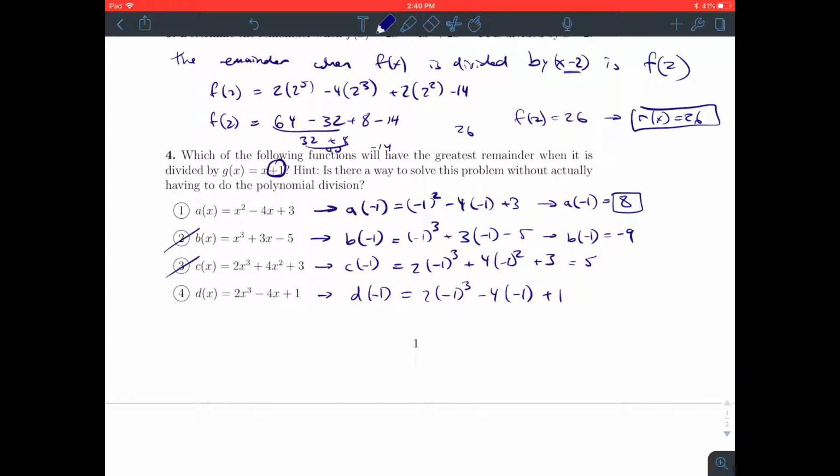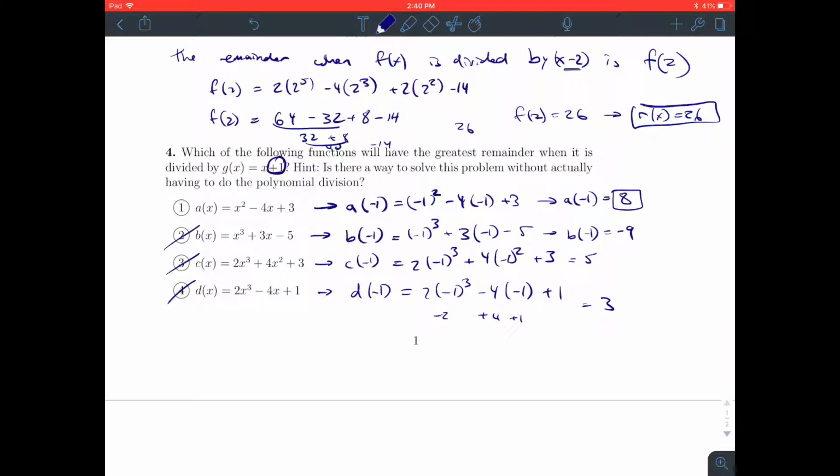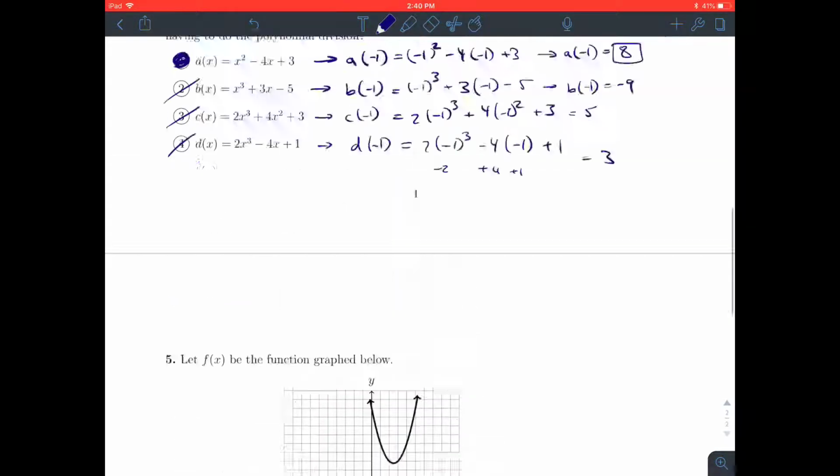You don't have to do this math in your head. You can just plug it all in on a calculator. Don't have a calculator though, so let's see. Negative 1 cubed is negative 1. 2 times negative 1 is negative 2. Plus 4 plus 1, that is 3, which is also less than 8. So it looks like a will have the largest remainder if we do the division.